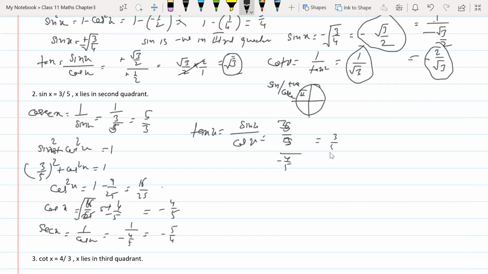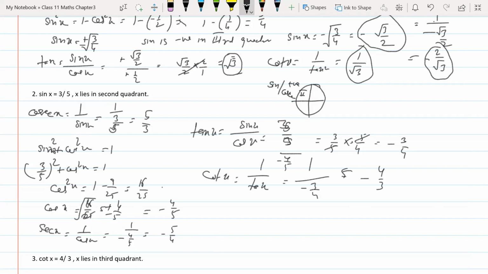It comes out to be 3 by 5 into 5 by 4, and the sign will be minus, and the 5s cancel, so minus 3 by 4 is the tangent, and cotangent x is 1 upon tangent x, 1 upon minus 3 by 4, or minus 4 by 3.